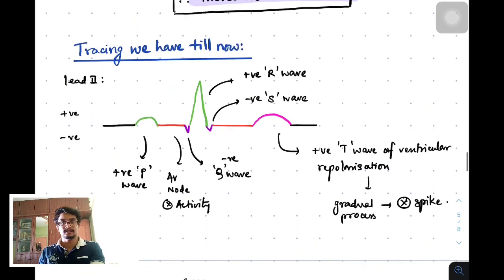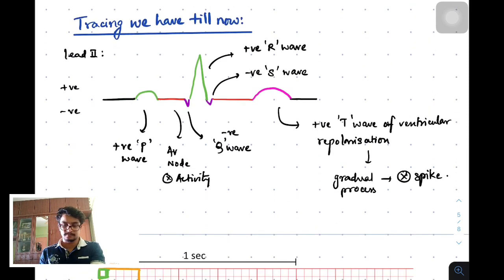Now we'll discuss the tracing that we have till now. In lead 2, with positive deflections above the isoelectric line and negative deflections below it, we have a positive P wave denoting atrial depolarization, and there is an AV nodal silence. Then there is a negative Q wave representing ventricular septal depolarization.